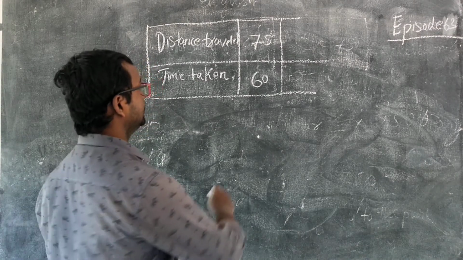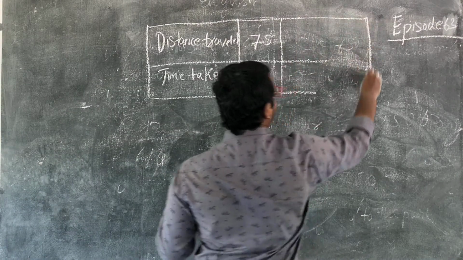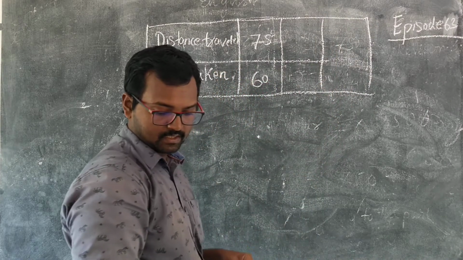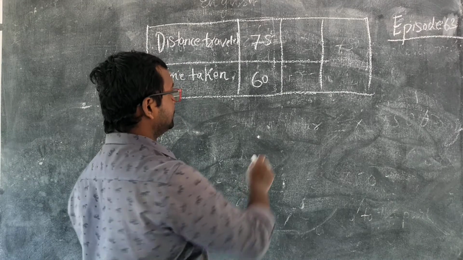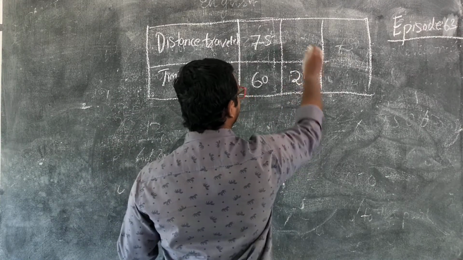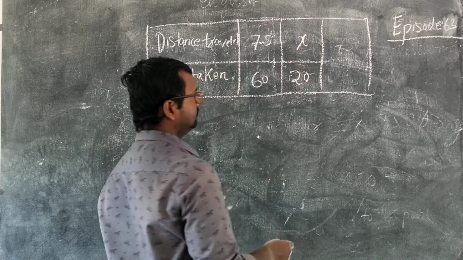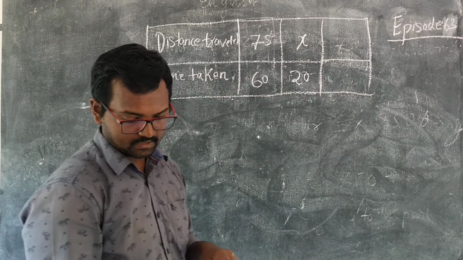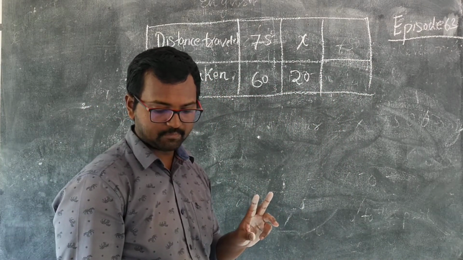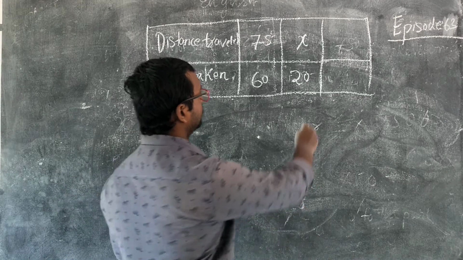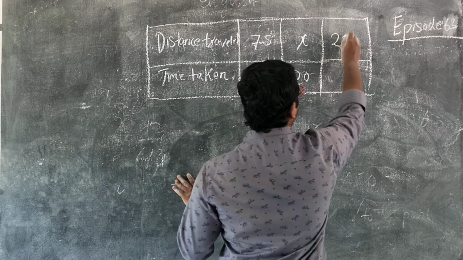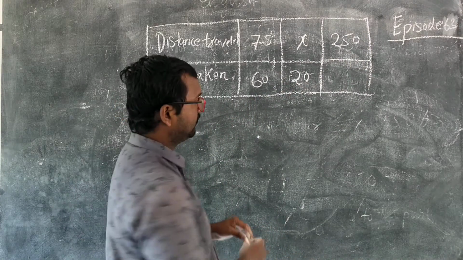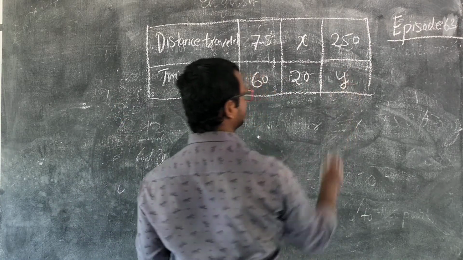The next question is, how far will it travel in 20 minutes? Which means time is given, we have to find the distance. The second question is, find the time required to cover a distance of 250 kilometers. We have to find the time, so I am taking this time as well.